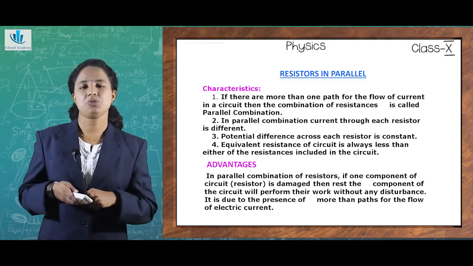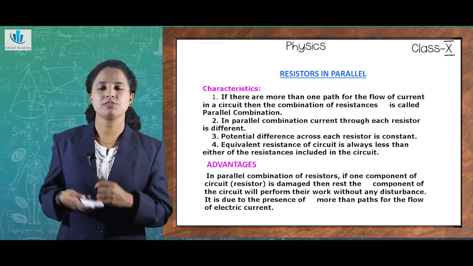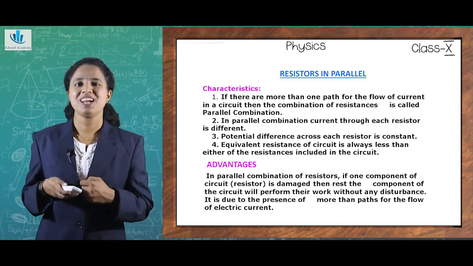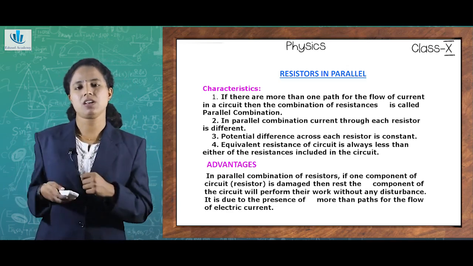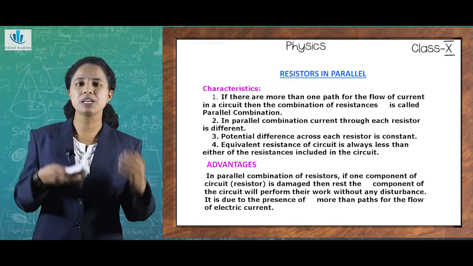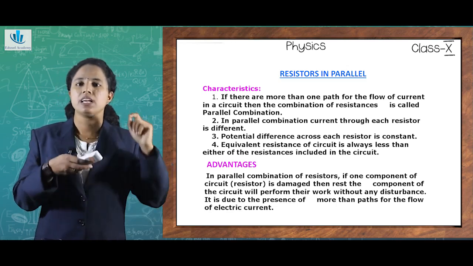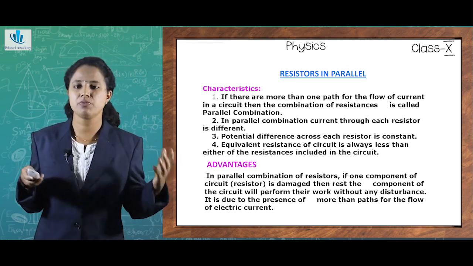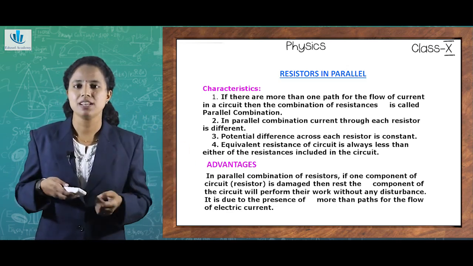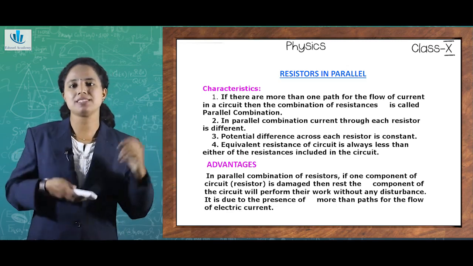So what is the main advantage of resistors in parallel combination? For your home appliances, we mostly use parallel combination. Why do we do so? It's because in a parallel combination, each component has a different flow of current in different paths. There is not only one path, there are different paths, isn't it?